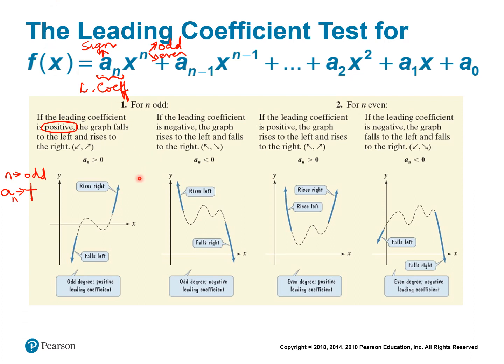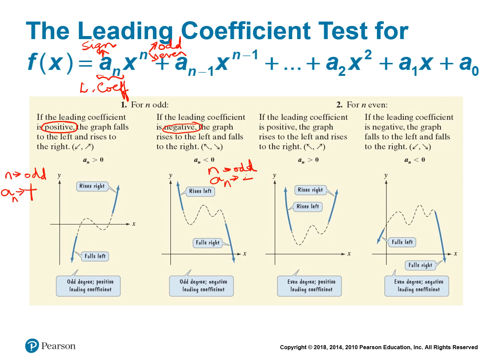Now, if n is odd and the leading coefficient is negative, so let me underline the negative here. So n is still odd, but a sub n is a negative value. It has a negative sign.